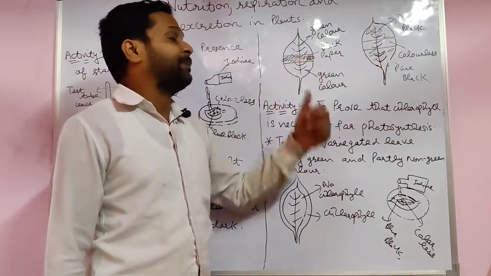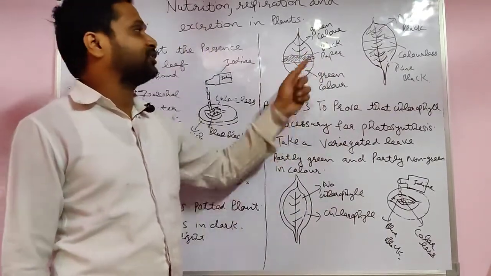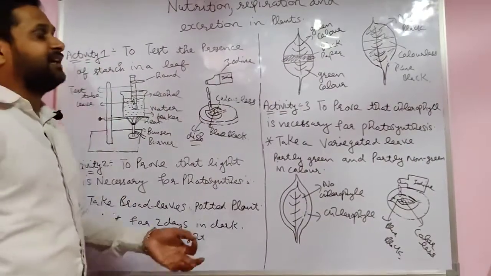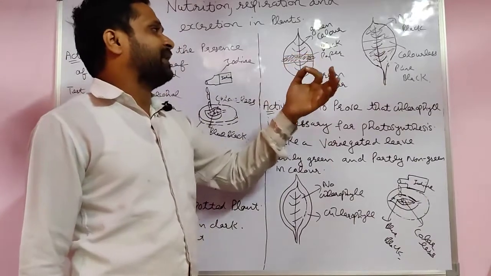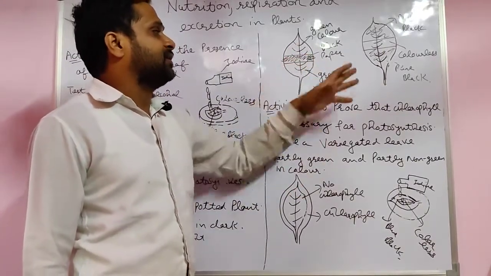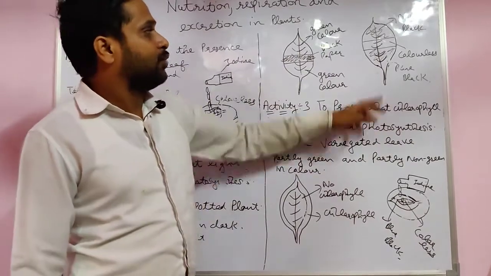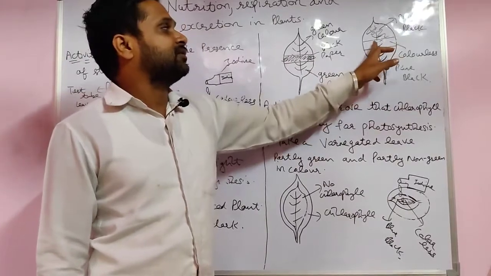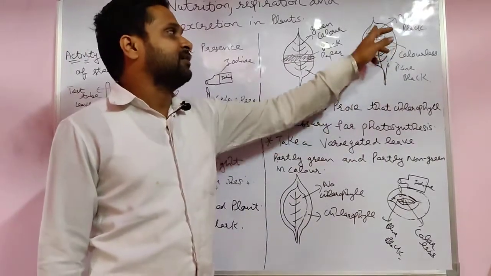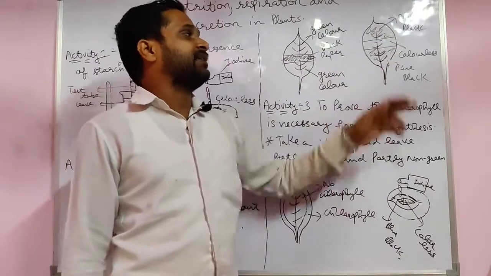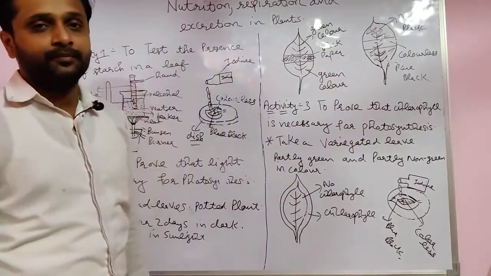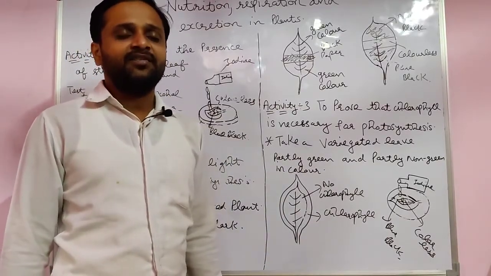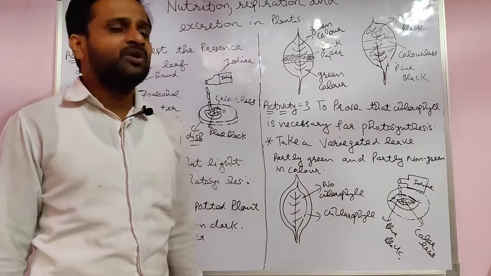But where the black paper is, photosynthesis is not possible, students. So when you pluck the leaf, remove the strip and paper, and put iodine solution on it, where the paper was, photosynthesis did not happen and starch is not there, so it becomes colorless only, but the rest converts into blue-black. This activity shows that light is very important for photosynthesis.